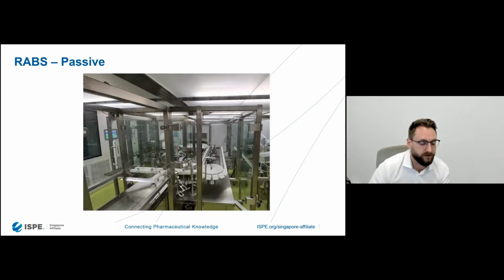So gloves versus no gloves is always a big debate. As long as you can maintain the positive pressure cascade of the RABS line when the door is open, generally it's acceptable. But you have to prove that in the smoke study to show that the flow is down and out of the line, even with the door open for an extended period of time, with the operator working in that area.